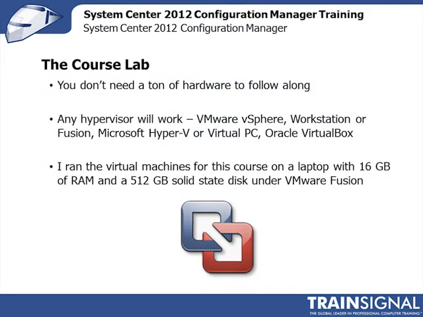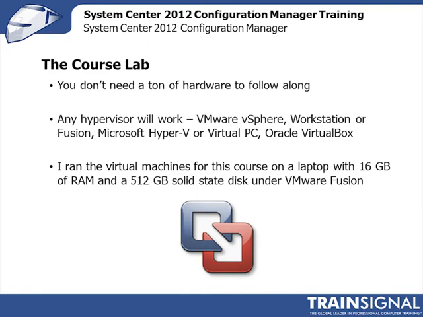You really don't need a ton of hardware to follow along. If you have just basically a good machine with 16 gigs of RAM or so, any hypervisor will work. You could use vSphere, VMware Workstation, VMware Fusion, Microsoft Hyper-V, Virtual PC, or Oracle VirtualBox.